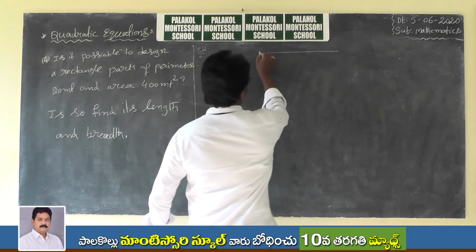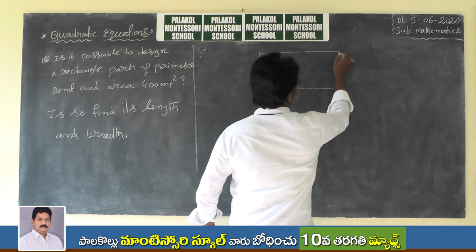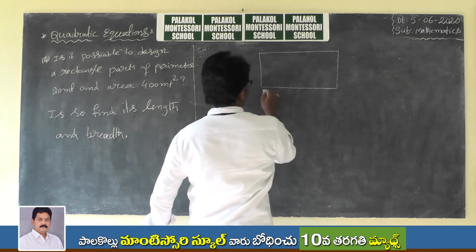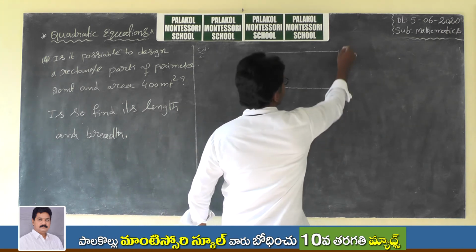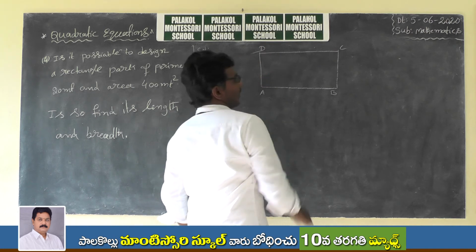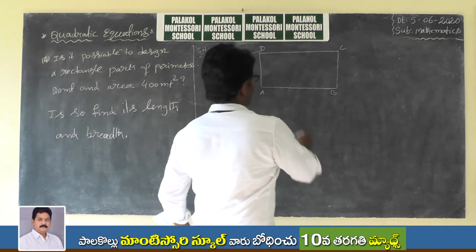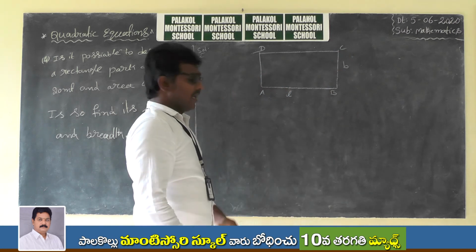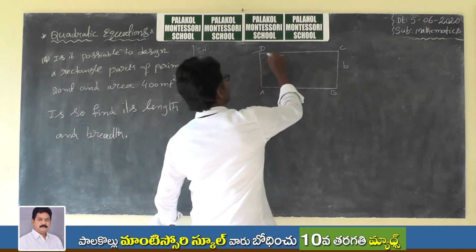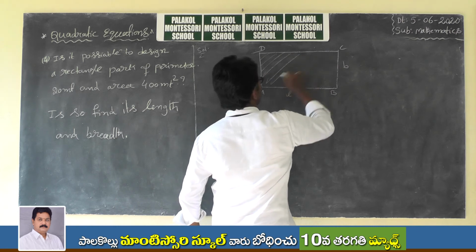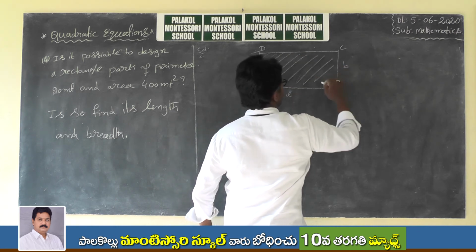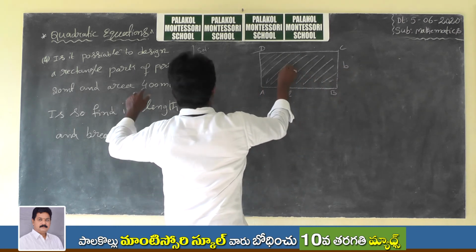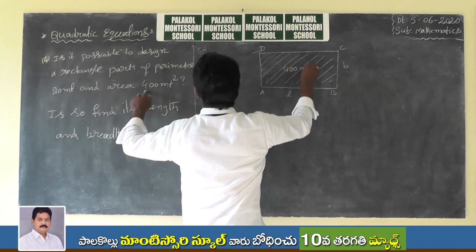See, this is a rectangle. I now mention the names of the rectangle as A, B, C, D. So this is the length, this is the breadth. Here the area is there, this rectangle region, the area is equal to 400 meters square.